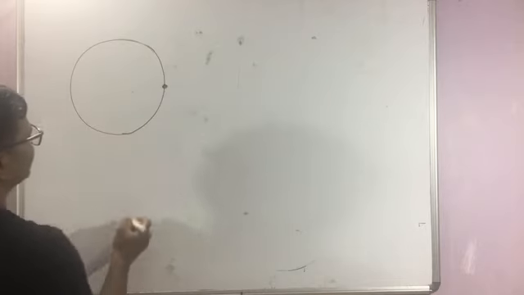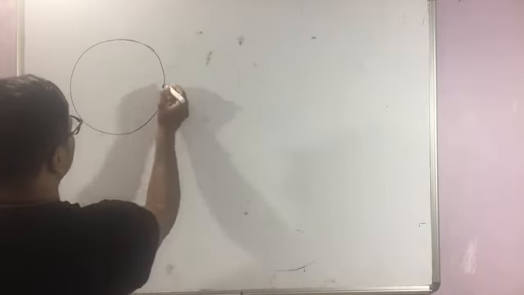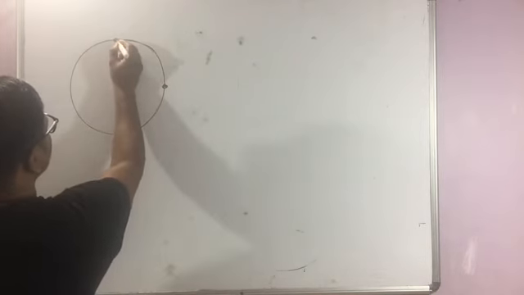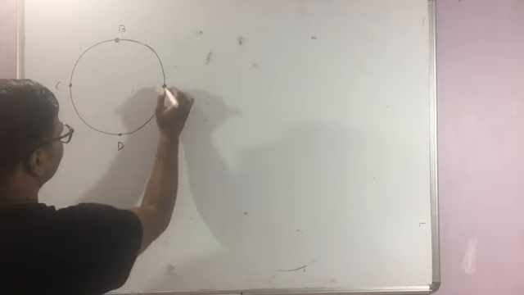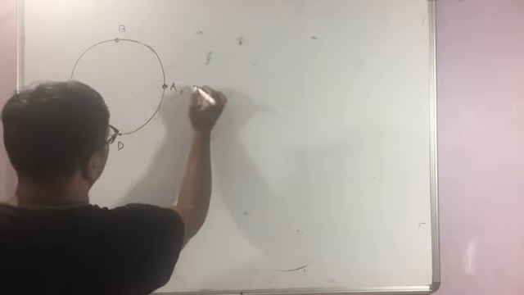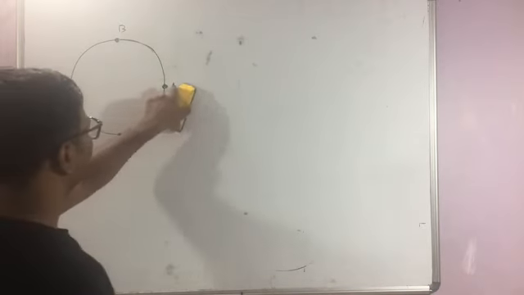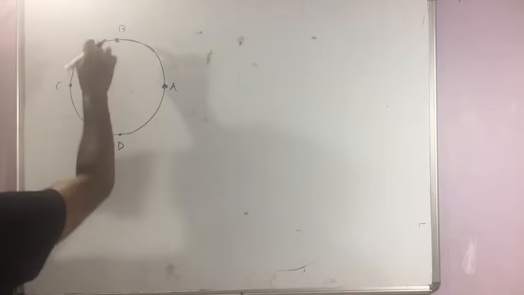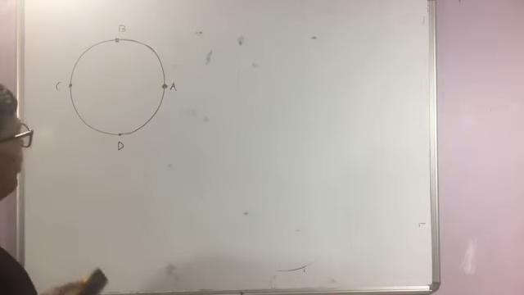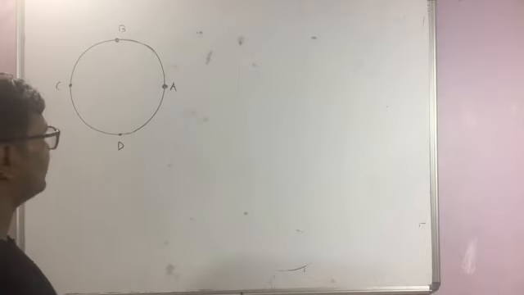Suppose initially the object is at A. It is moving to point B, again to point C and to point D, and again it is returning to point A. Got?